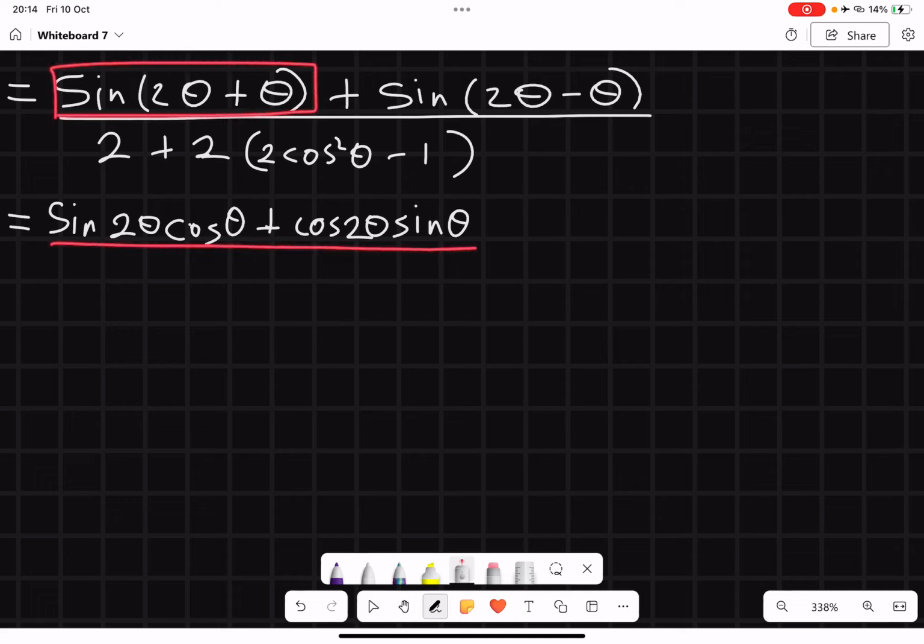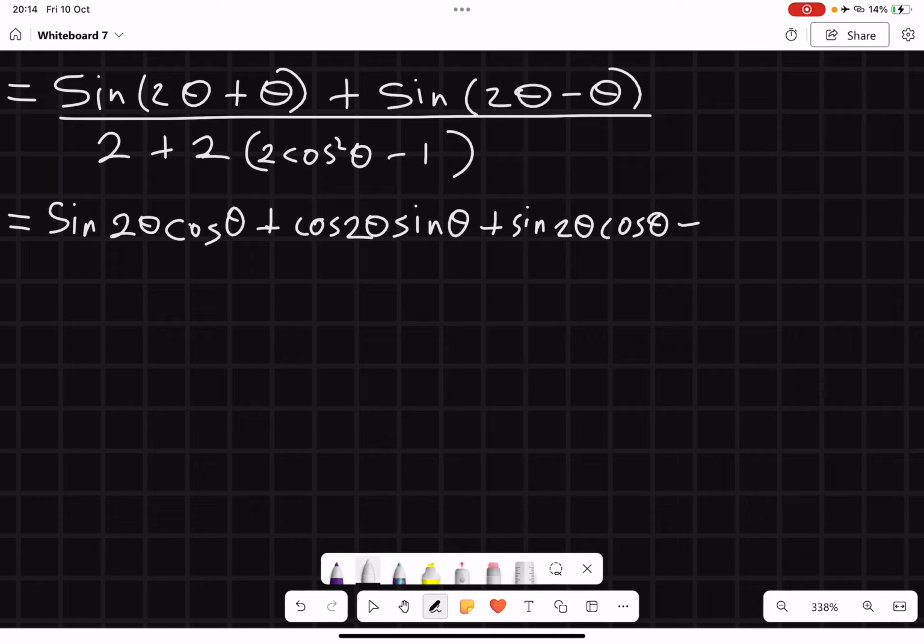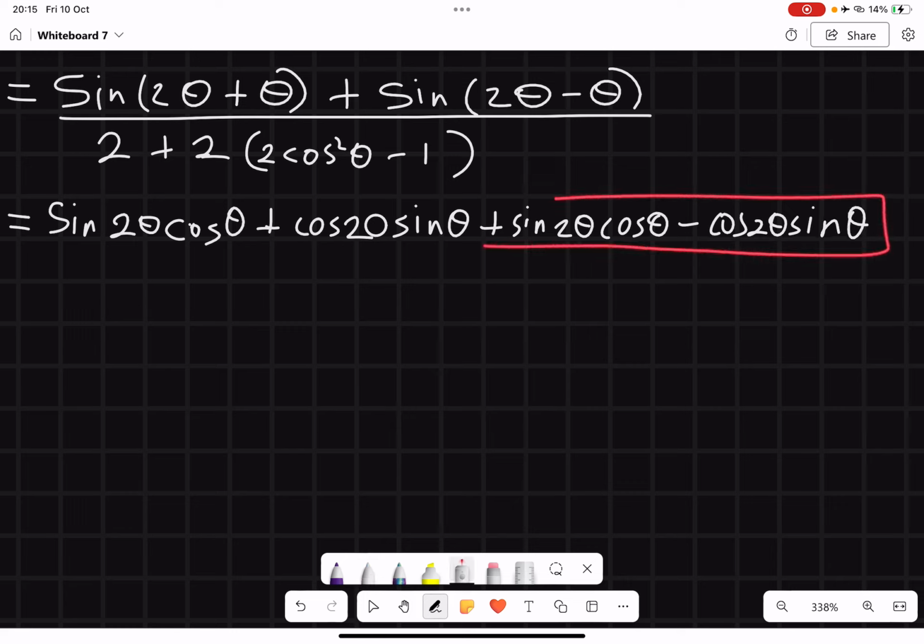It changes to that if you look on your formula sheet. And then it's going to be plus sine 2 theta cos theta minus cos 2 theta sine theta. This one here is this one if you look on your formula sheet, sine A minus B.